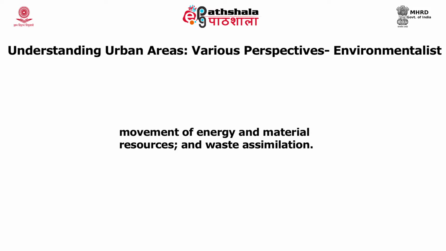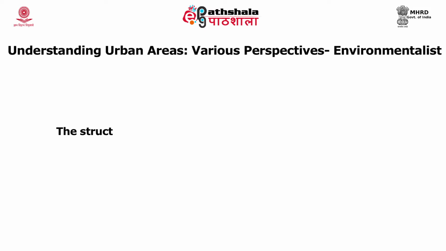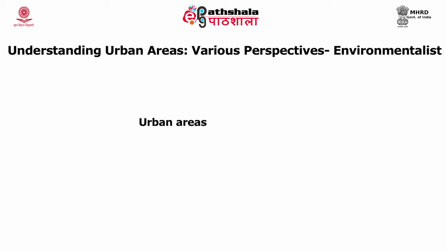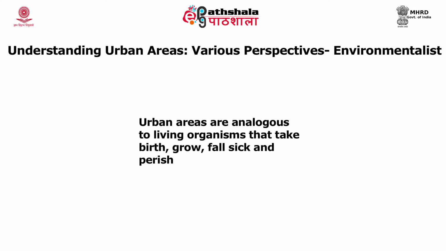So, therefore, it is compared with ecosystems, and the structure and behavior of the urban ecosystem relates to the direction and rate of flow of materials, opportunity costs, stability characteristics, and risk functions. And as we say, natural systems take birth, grow, fall sick, and then die. Similarly, the analogy given for urban areas is that they become urban areas from rural settlements.